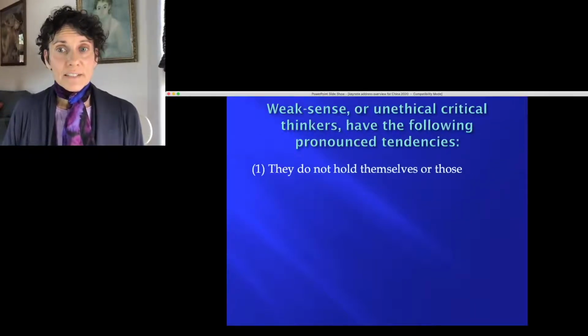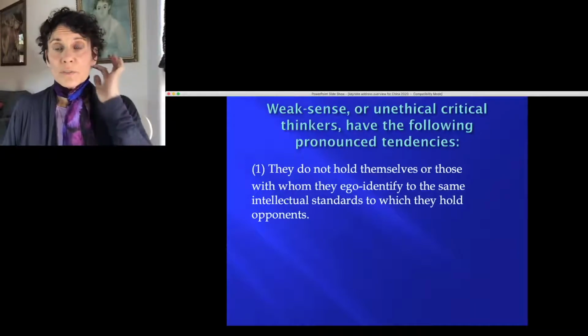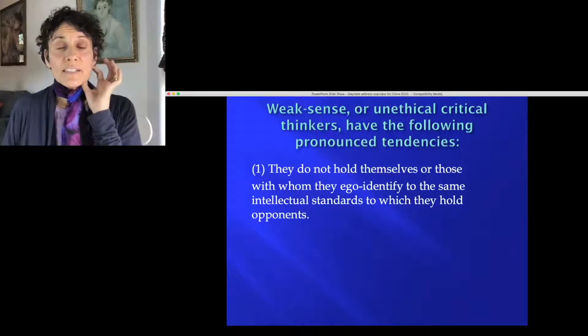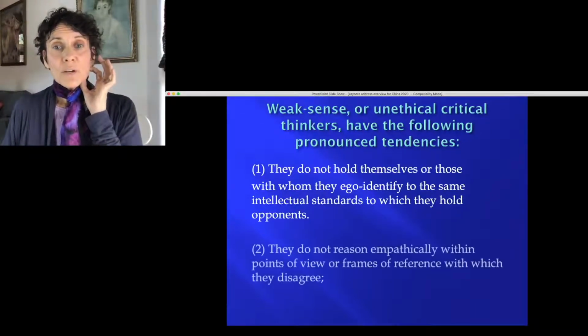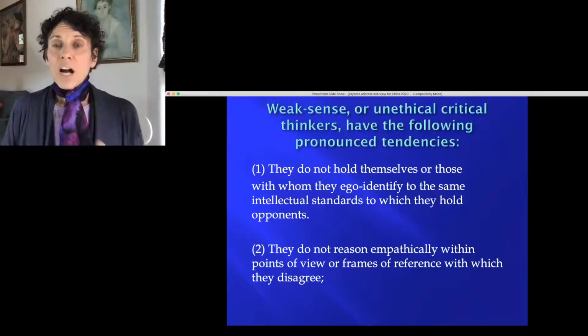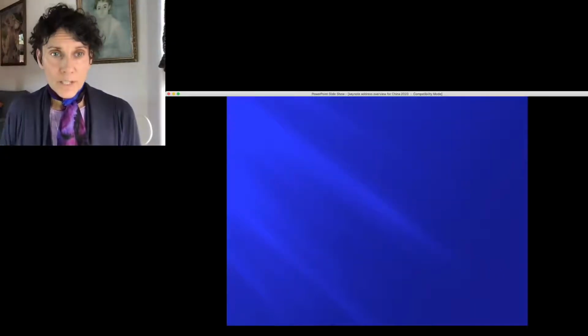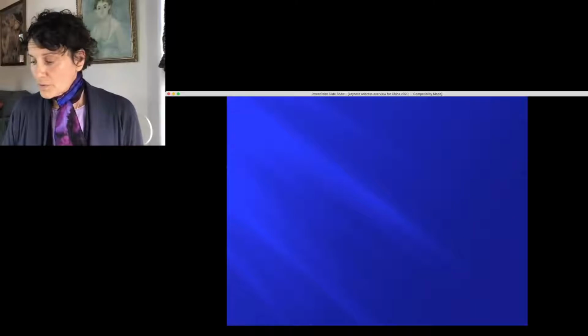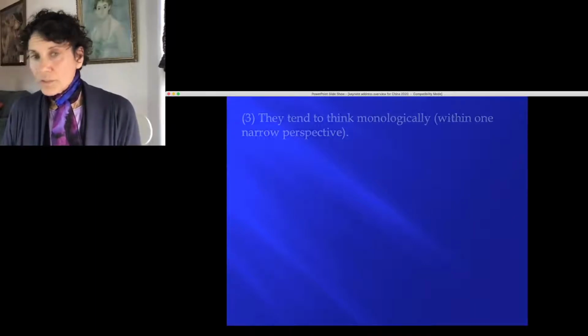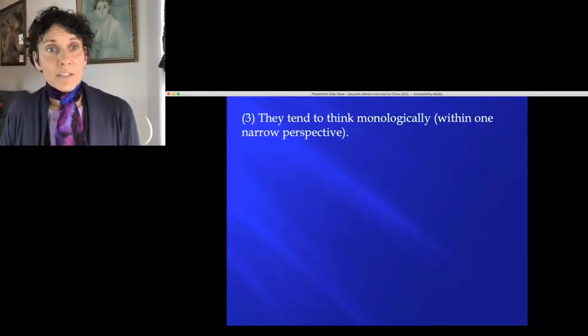They have these tendencies. They do not hold themselves or those with whom they ego-identify to the same intellectual standards to which they hold their opponents. And they do not reason empathically within points of view or frames of reference with which they disagree. So this is what we want to avoid, and what we want to encourage is the opposite.